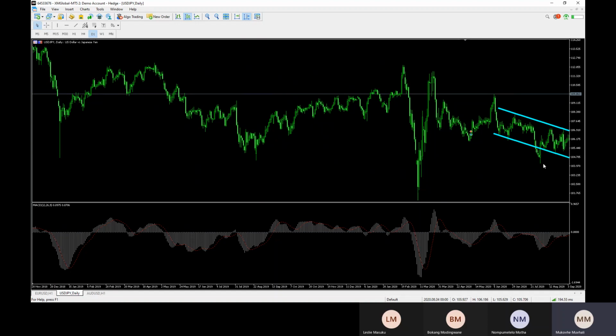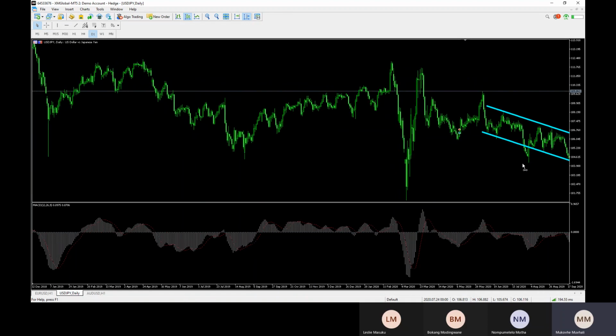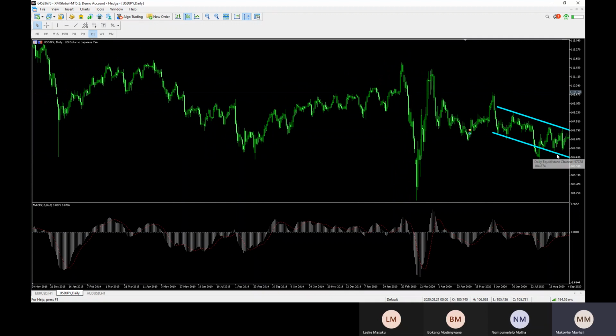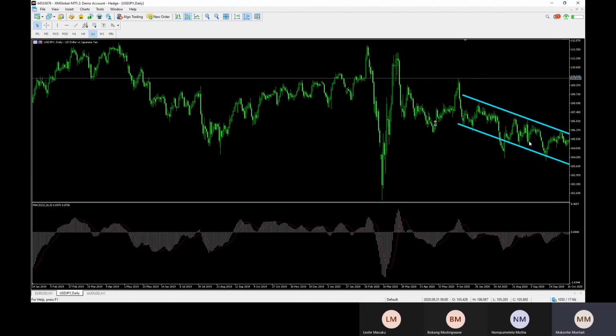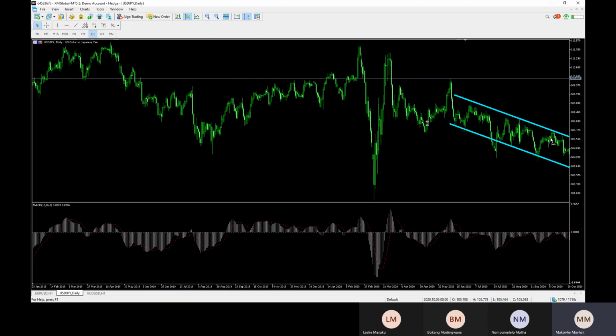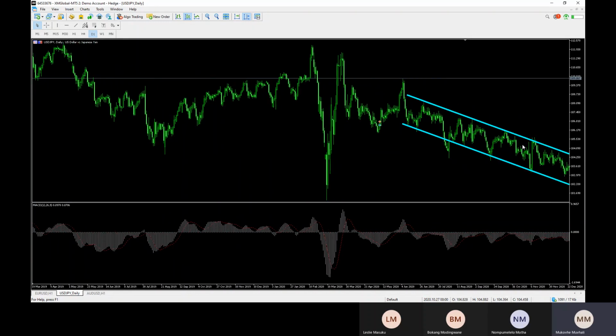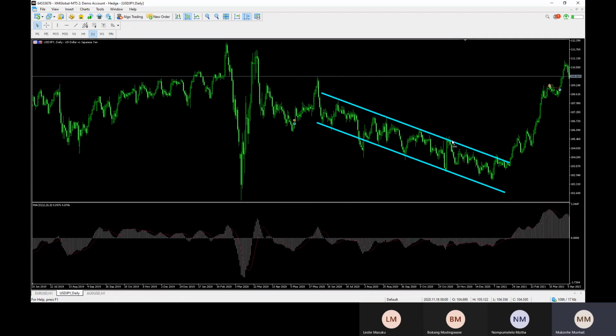Usually the market can bounce off before it hits your target, so you just want to be conservative and have a margin of safety, such that even if the market doesn't reach your level, at least you're able to lock in some profits, right? And bouncing off, it bounces off to this level again, and then it goes up. So here it was just forming a zigzag on a downward triangle, right?